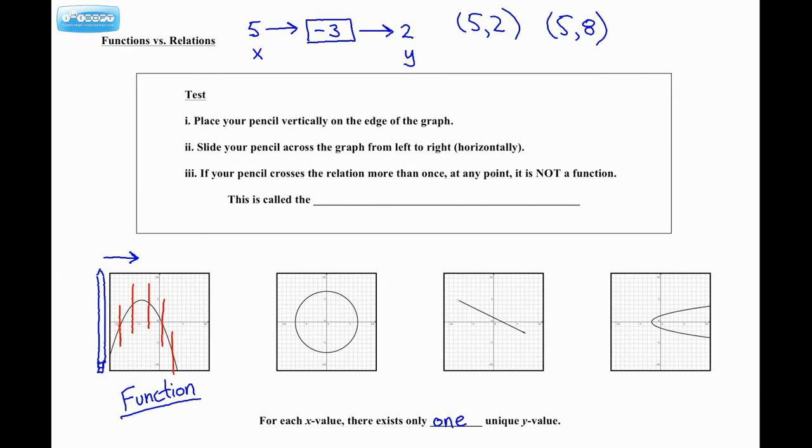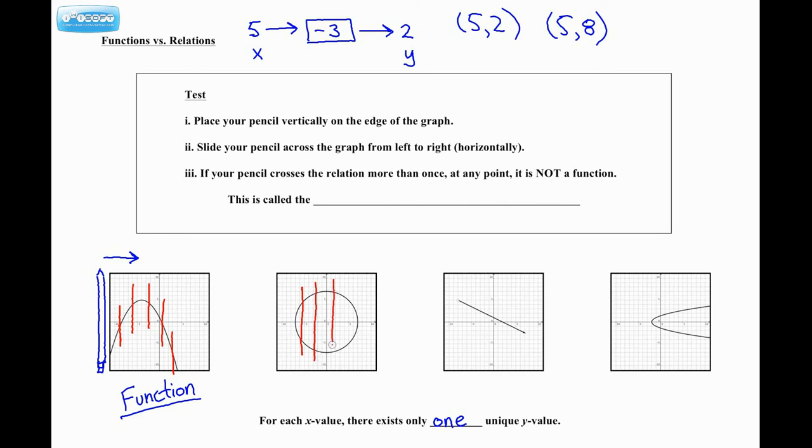All right, let's look at the next relation. We have a circle, but we want to apply the same test. So just put your pencil vertically here and slide it horizontally. But you'll notice that once you start touching the circle, it crosses the circle twice.